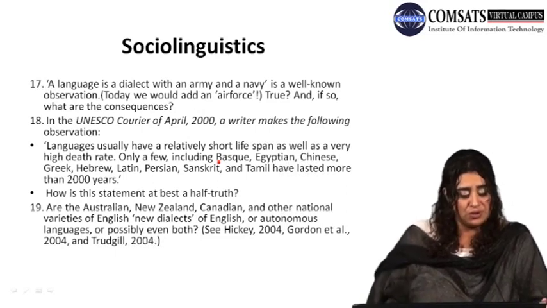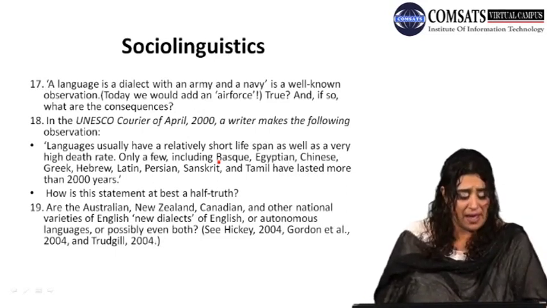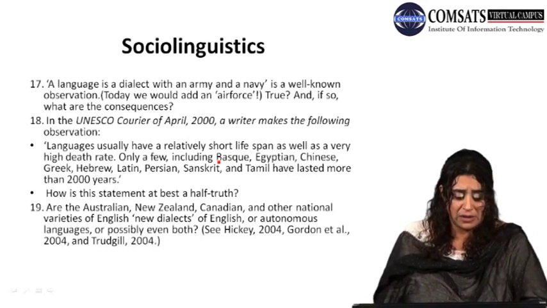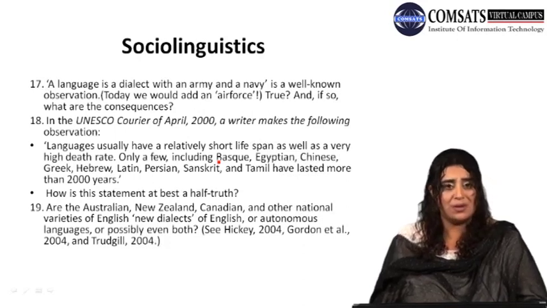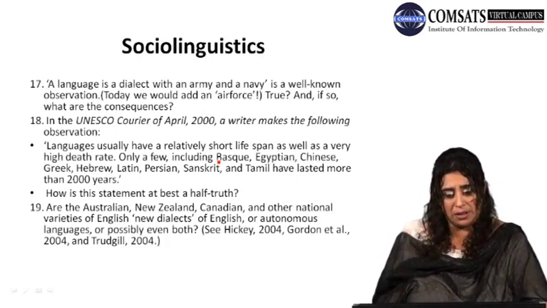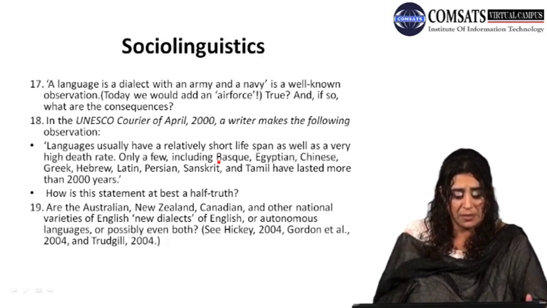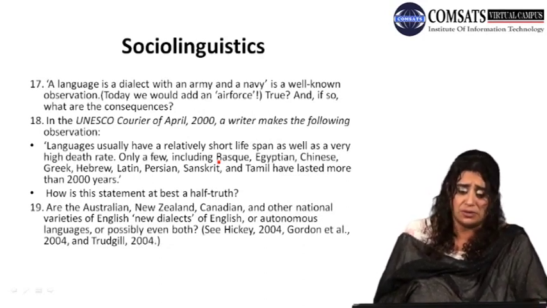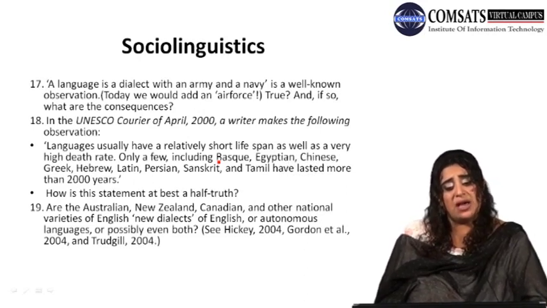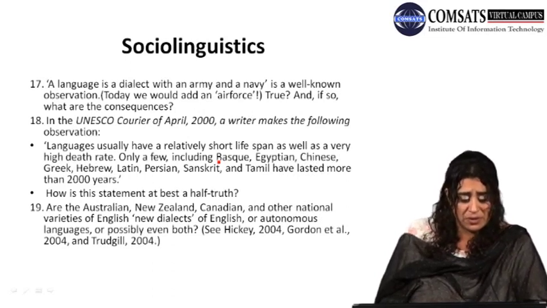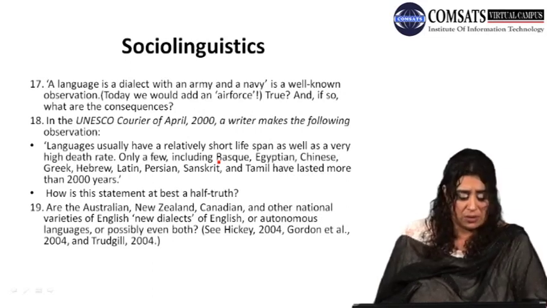So languages usually have a short lifespan, meaning they don't last long, and communities start forgetting them and then they diminish. How is the statement at best a half-truth? Languages do have a high death rate, because old languages die out, but new ones also increase.